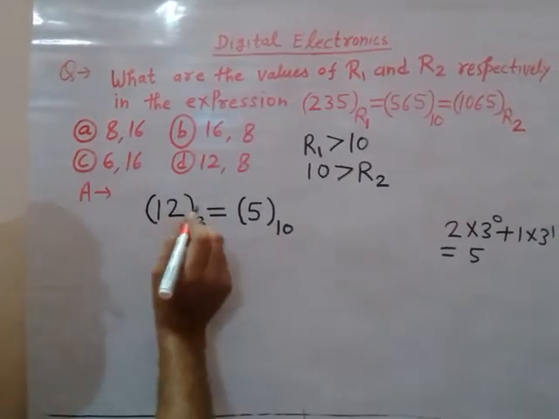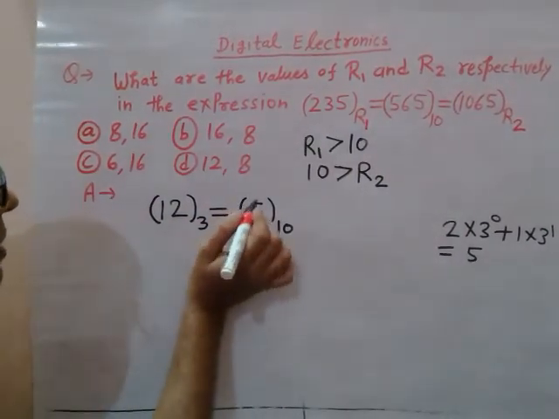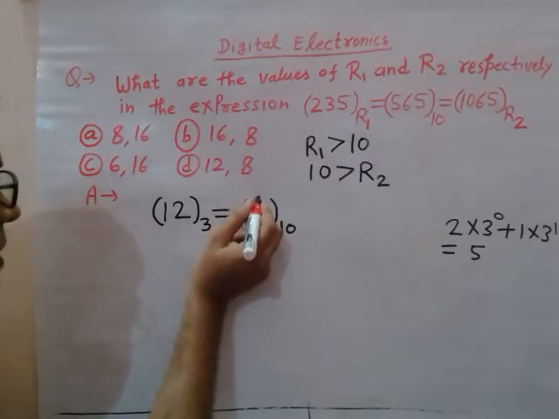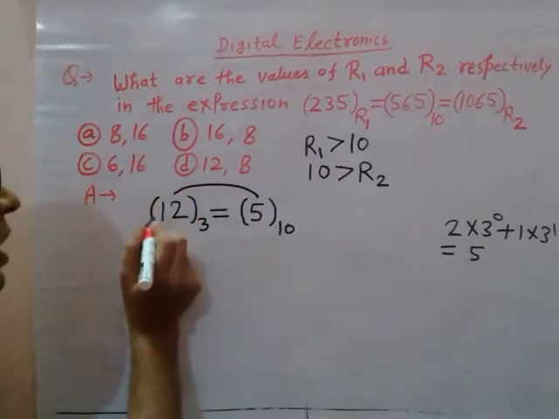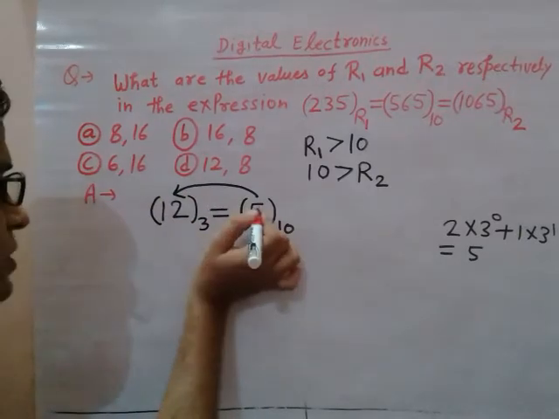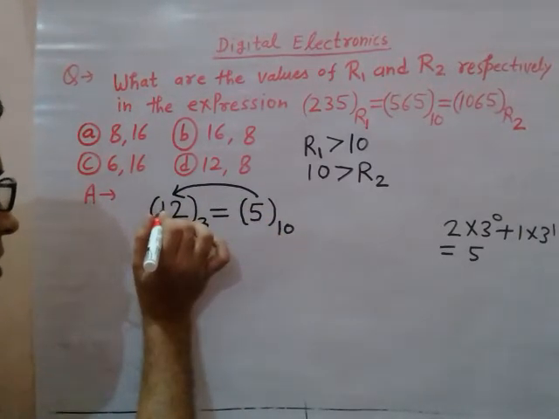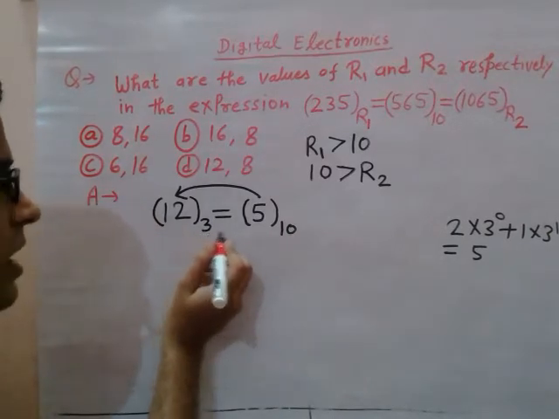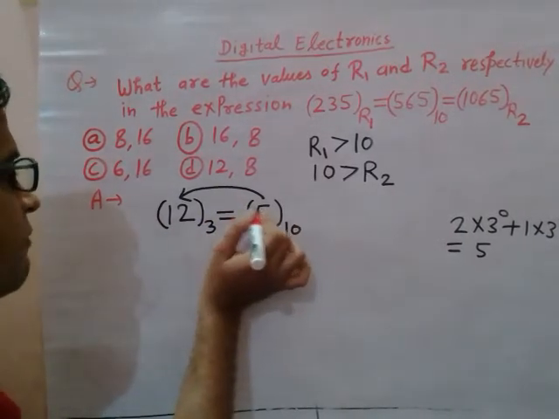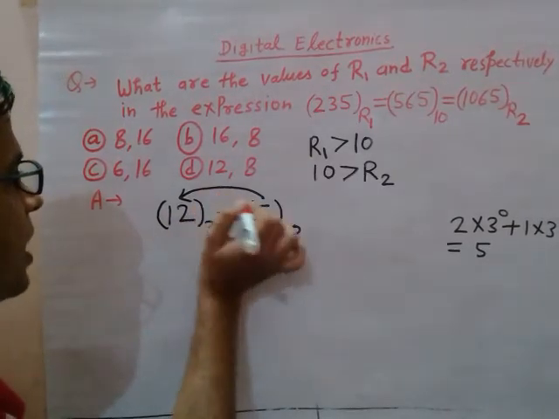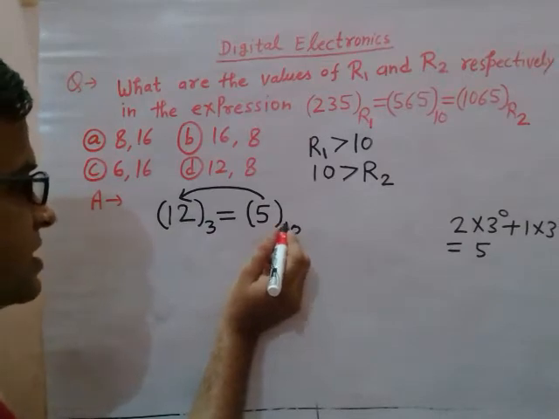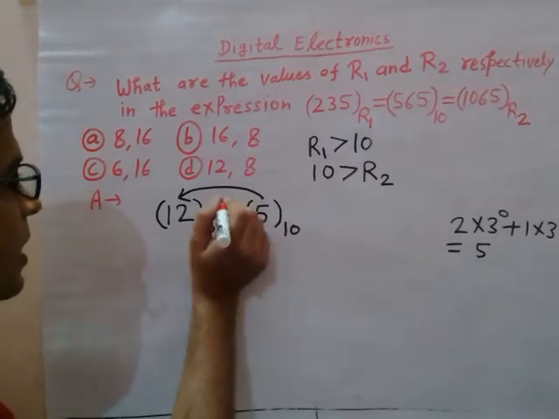So now see here, if the value is increasing from 5 to 12, then the base is decreasing from 10 to 3, right?